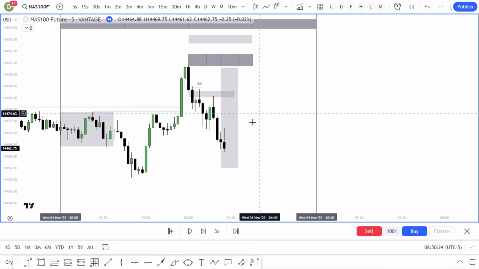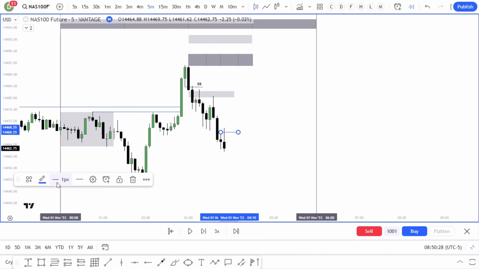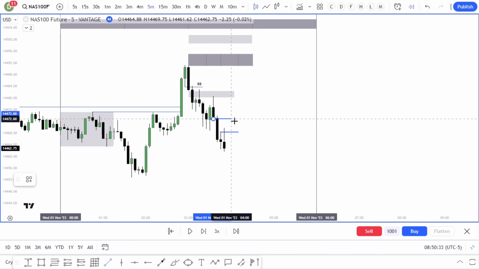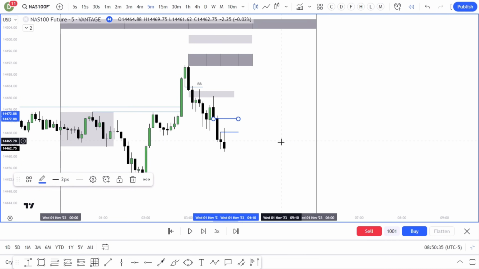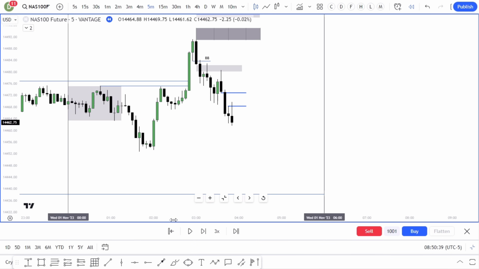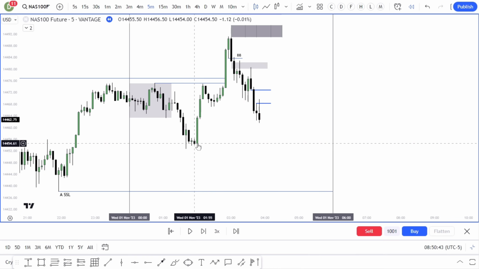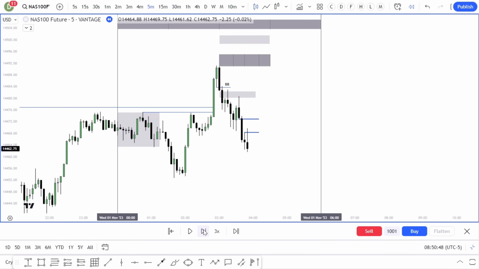So yeah, in simple terms, even this right here, I would utilize this as a scale in, if that makes sense. So I would execute this as a scale in, and my drawn liquidity would be sell side. First would be this one right here, meaning that we're taking partials within this range.